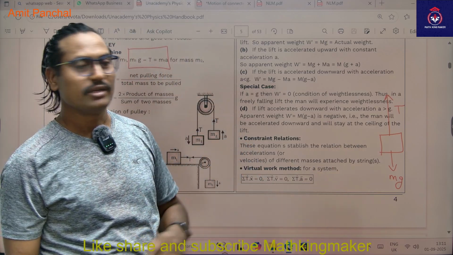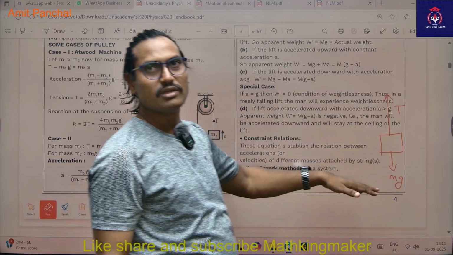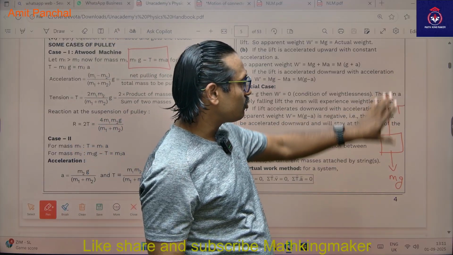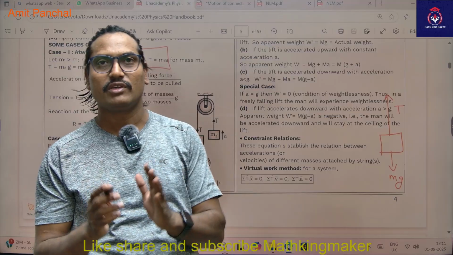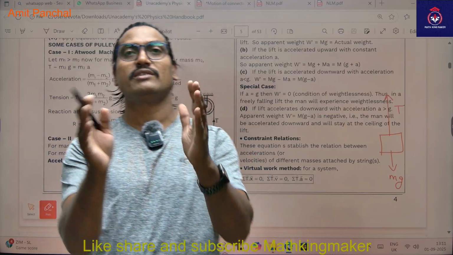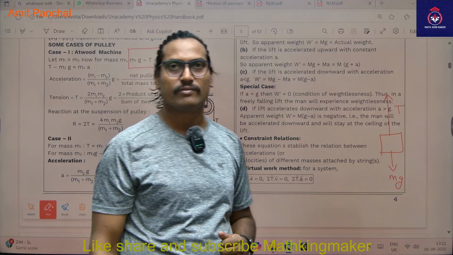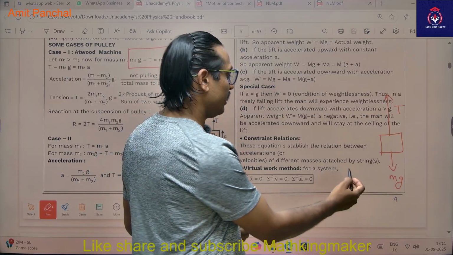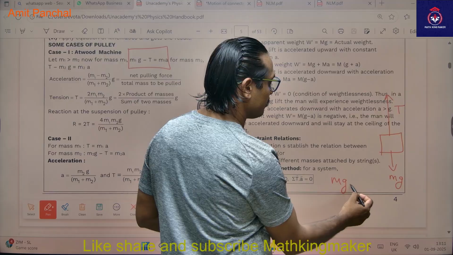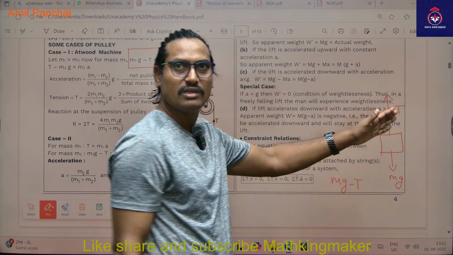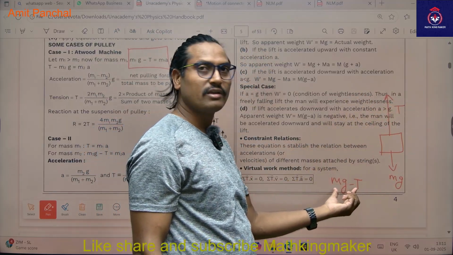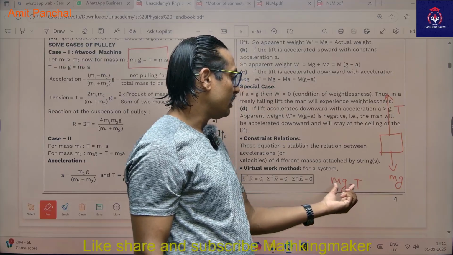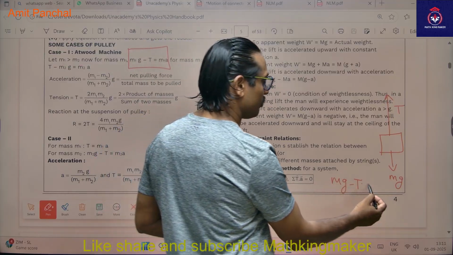So this is in motion. The resultant of these two forces will give you the force of motion, that is ma. So mg minus T, because mg is more than T, will be equal to ma.